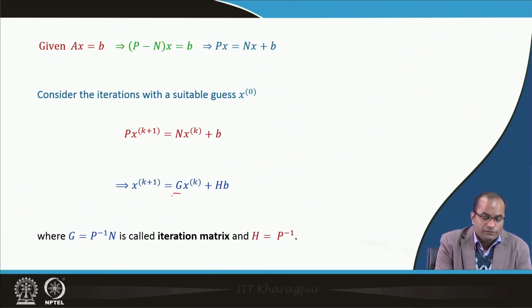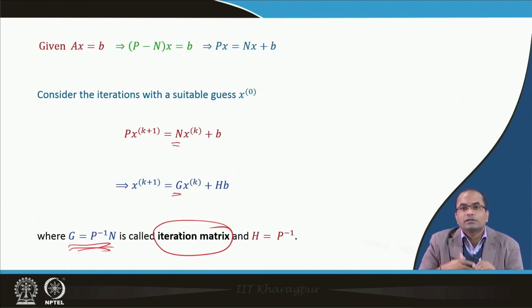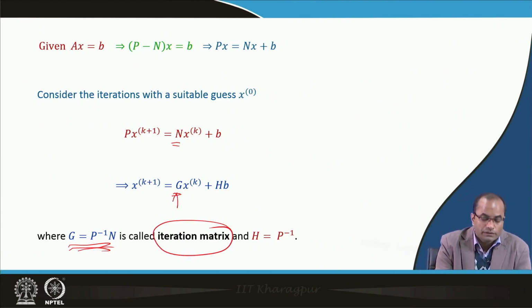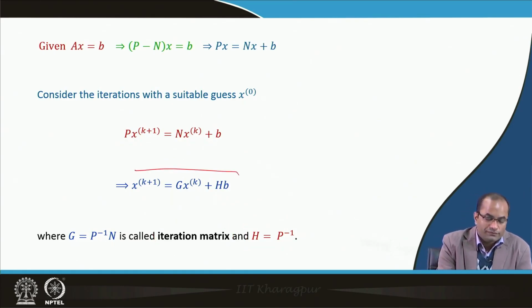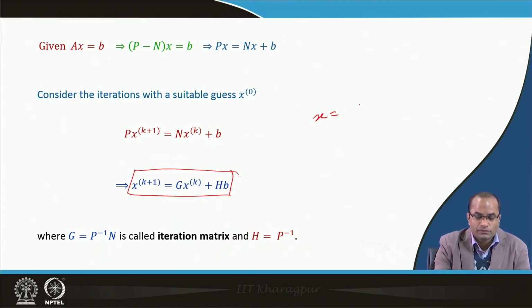This G, which is P inverse N, is a very important matrix, the so called iteration matrix, because the convergence of these schemes will depend on it. And H is simply P inverse. What is important here is that we have rewritten our system into the form x is equal to G x plus H b.